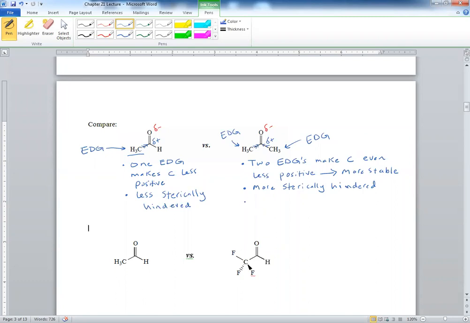So we will say that this is less subject to nucleophilic attack because it's less electrophilic.